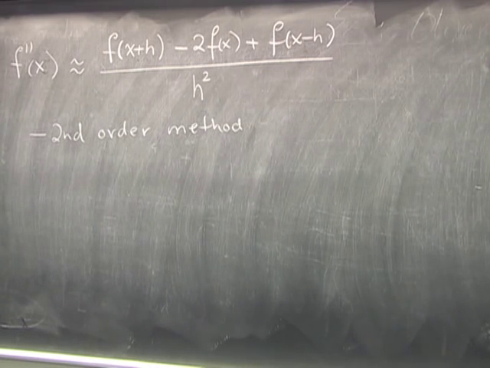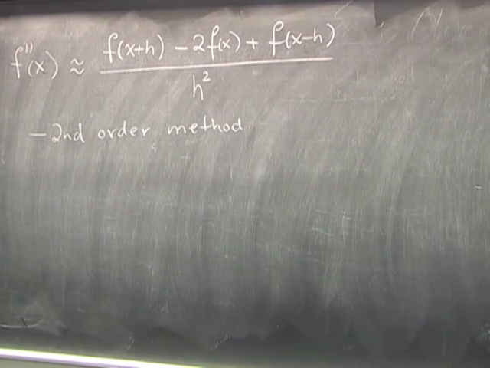Can you just decide what you want the error term to be by just expanding it out farther? You mean, can one find even a higher order, for example, to approximate f prime of x? Yes. You take more terms. So whenever you say that the second derivative is a second order method, is that just arbitrarily chosen? Of course.